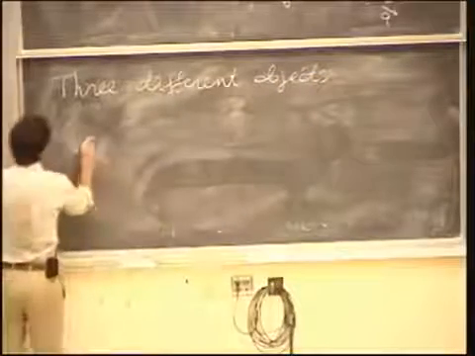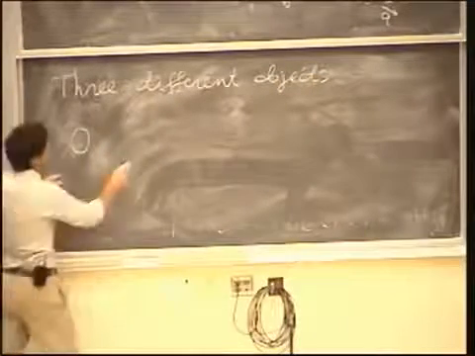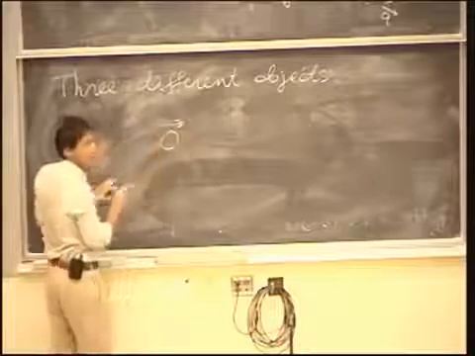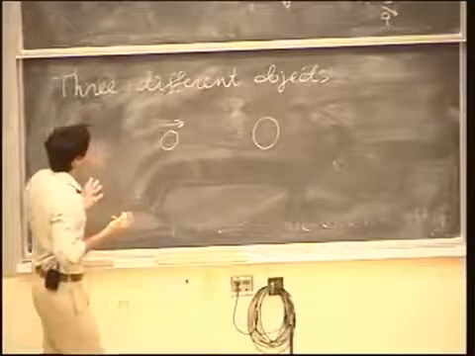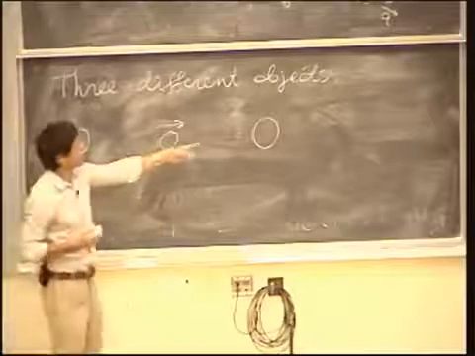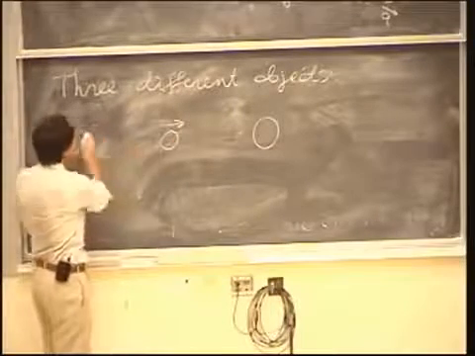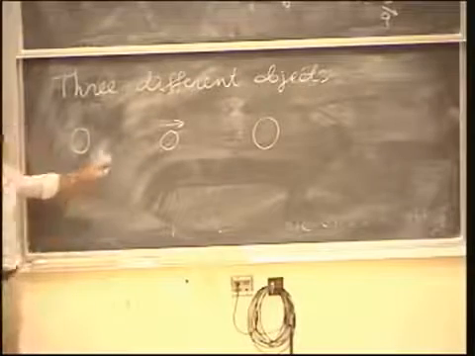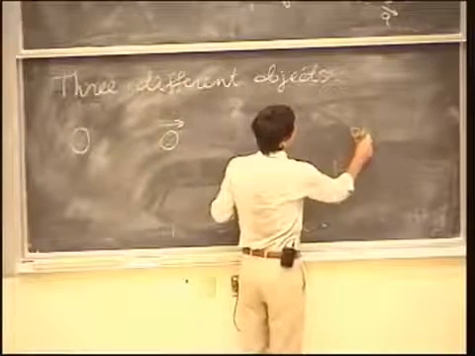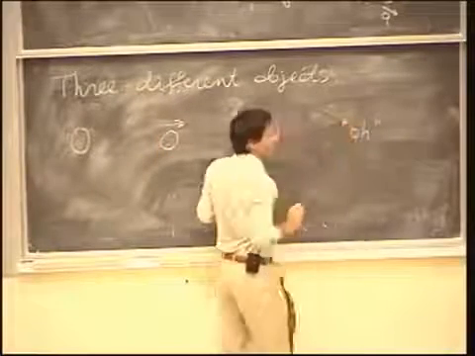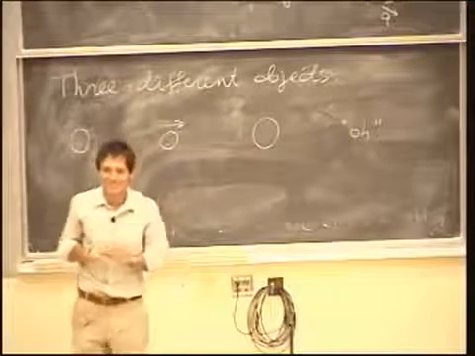One is 0. One is 0 like this. And there is also O. So how do you distinguish between these? Just to emphasize, these are numbers, 0, and this is O. OK?